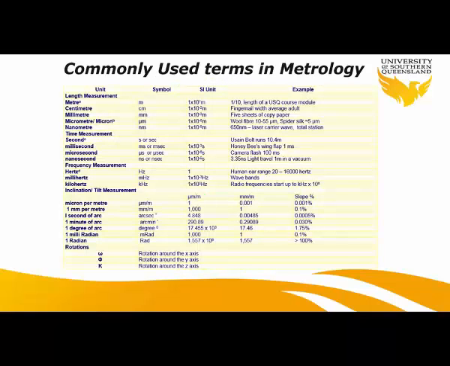In metrology, we do have different terms that you probably haven't seen in different courses we had in surveying. We're talking about very precise measurements. Right now we know about the meter, centimeter, and millimeter, but in this course we're talking about micrometer, micron, nanometer, and also in terms of time measurement we are looking at the millisecond, microsecond, nanosecond, and so on.